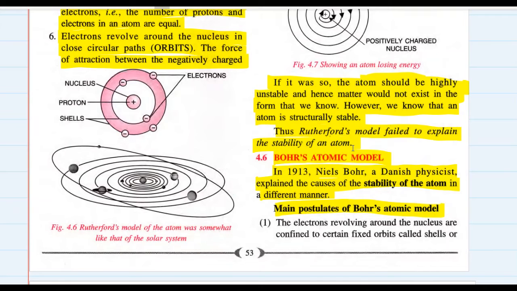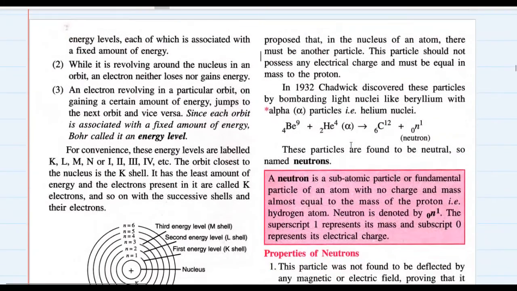So the main postulates of Bohr's atomic model: the electrons revolving around the nucleus are confined to certain fixed orbits called shells or energy levels, each of which is associated with a fixed amount of energy.